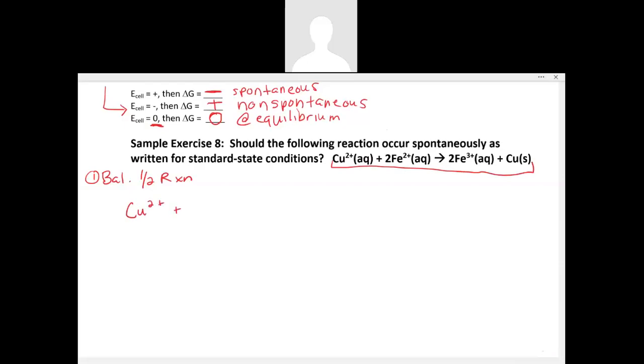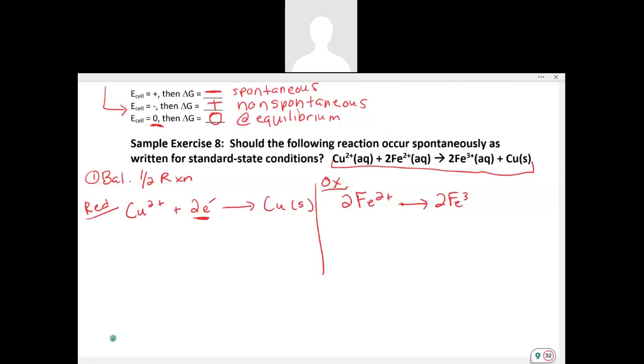I have Cu2+ plus 2 electrons, which will give me my solid copper. This is going to be my reduction half equation because I'm adding electrons. And then my oxidation equation must be 2Fe2+ yielding 2Fe3+, and 2 electrons were lost in this oxidation equation, the same as the amount of electrons gained in our reduction.